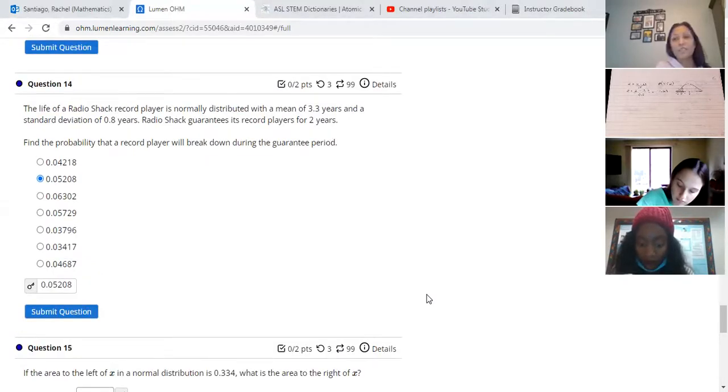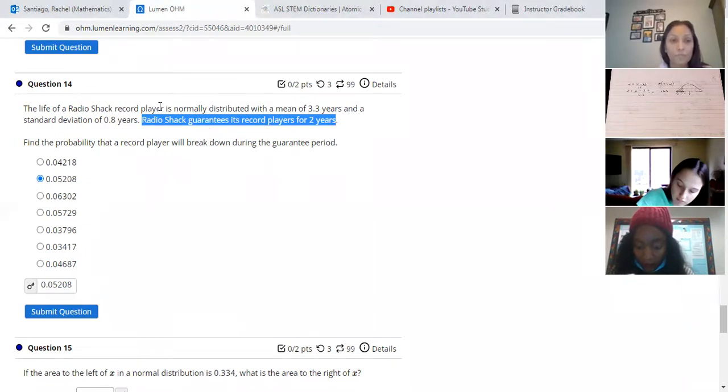I think this part especially is a little tricky too, because it doesn't outright say that X is 2, but you have to think about what it's saying to you, right? It's giving you the mean, it's giving you the standard deviation. Immediately my brain would be like z-score, normally distributed, z-score, right? All of that screams z-score.